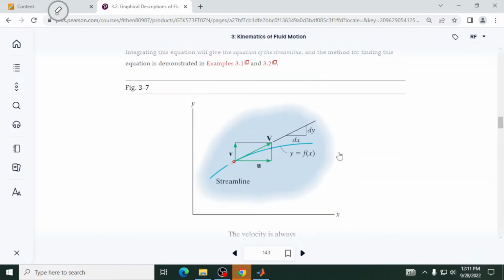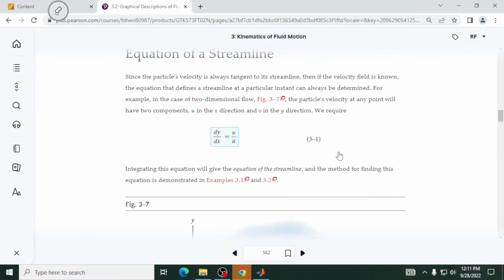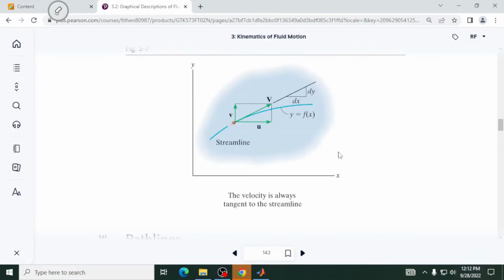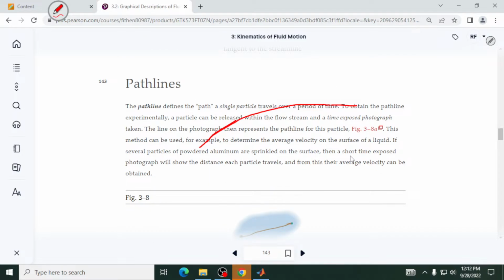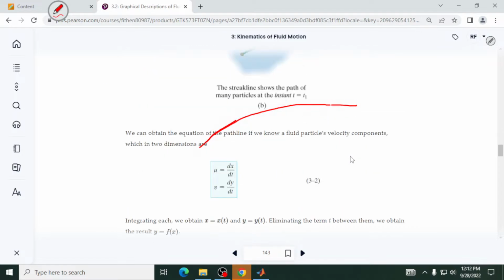And there's an equation for a stream tube. You might have a particular velocity, and the velocity is always tangent to its path here, so you can get path lines.